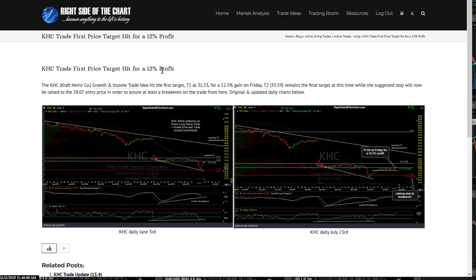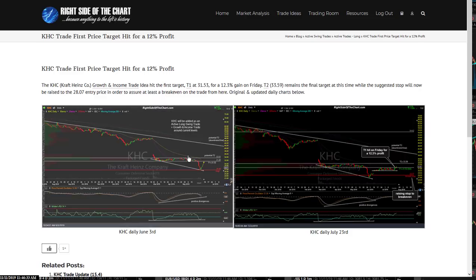We had hit the first price target for a 12% profit. At that time, I raised the suggested stop to 27.08. So my point is, if I haven't made any other update, that doesn't change. If that stock, which it did, crossed below that stop, it is a stopped out trade. It is no longer active, even though it's showing under here. Now, you may still like the chart.